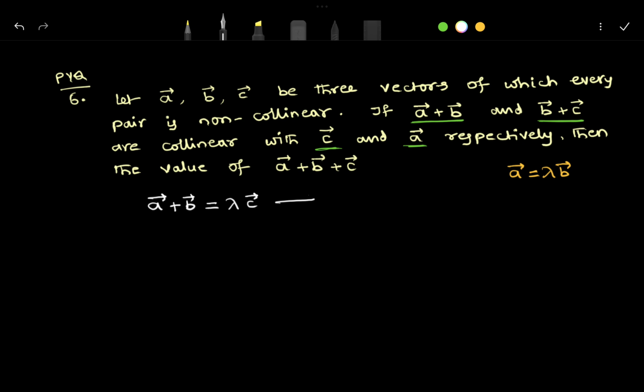Take this as the first equation. The second one, B bar plus C bar, is collinear with A bar, so it equals mu into A bar. Take this as the second equation.